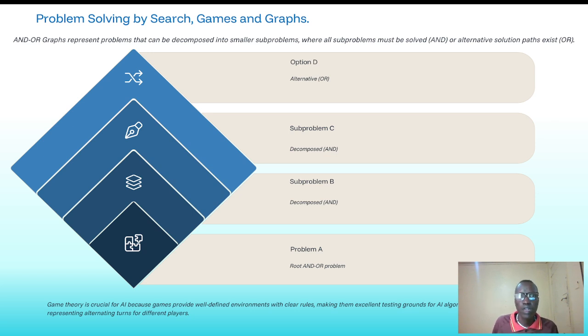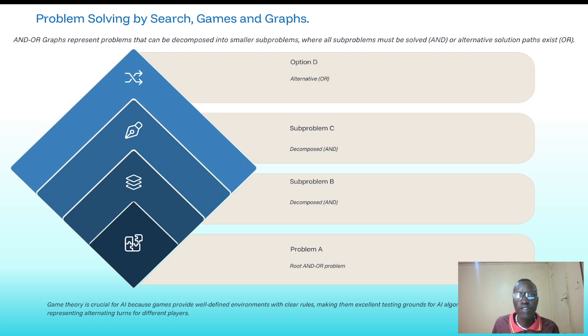Problem solving by game graphs. Here the focus shifts to AND-OR graphs, which represent problems that can be broken down into smaller tasks. The application of game theory is explained with emphasis.